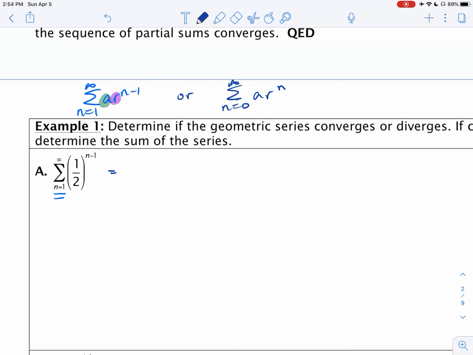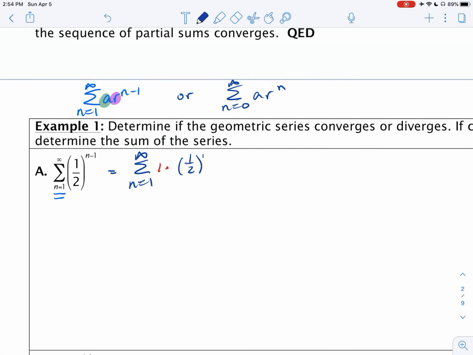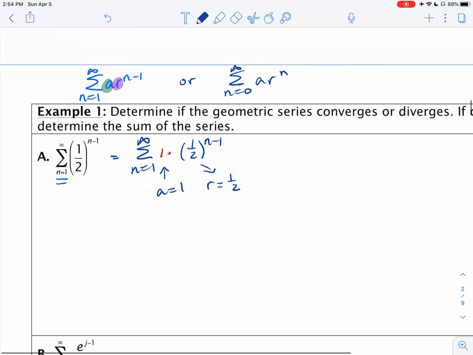So I can actually see that I don't have very much work to do, because I can say that 1/2 to the n minus 1 is the same as 1 times 1/2 to the n minus 1. So I can tell here that a is equal to 1 and r is equal to 1/2. So my first test is the geometric series test.